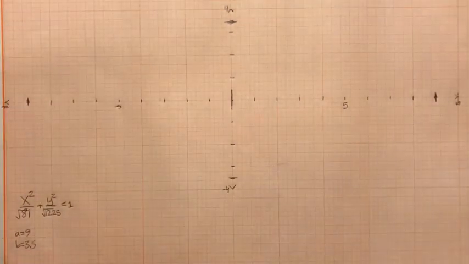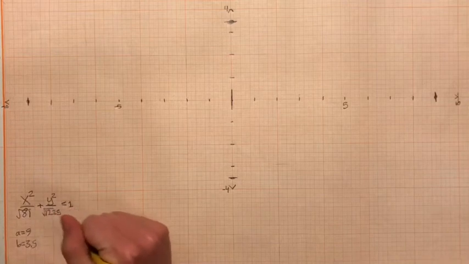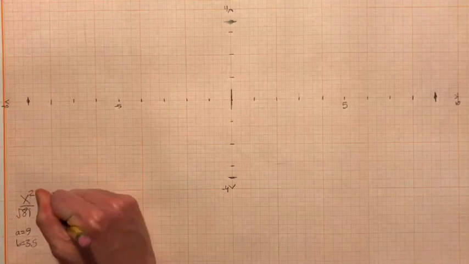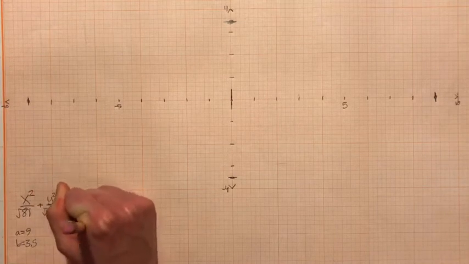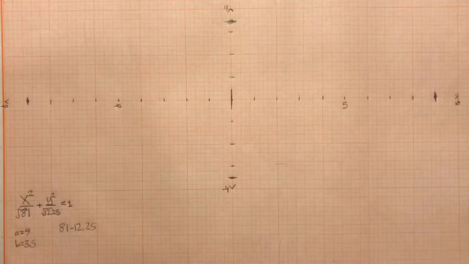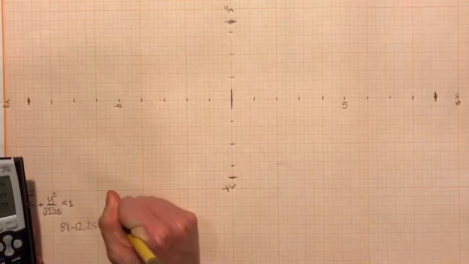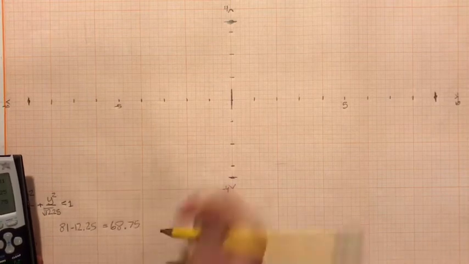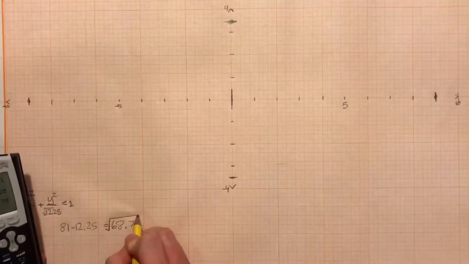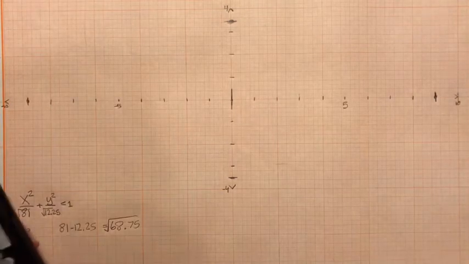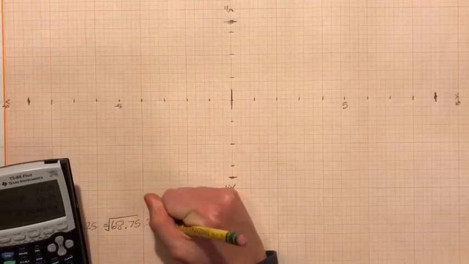Now we're going to find the foci. So we're going to take the original 81 and 12.25 and subtract them. That gets us 68.75. Now we're going to root that to find the foci, and we get about 8.29.